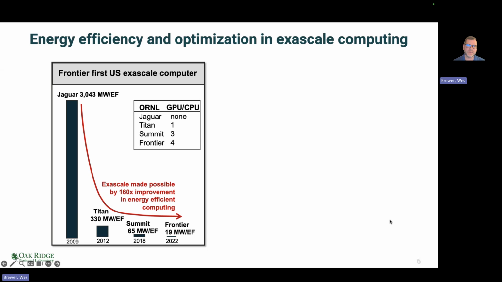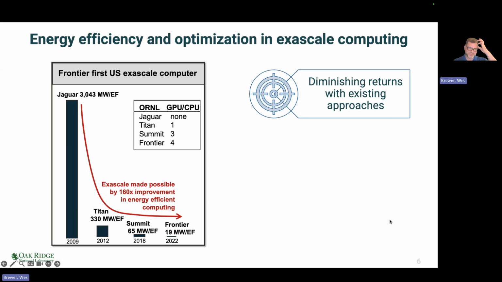If we were to take Jaguar in 2009 and scale that up to be an exascale system, it would have required 3 gigawatts per exaflop. This was drastically reduced by the introduction of GPUs in Titan down to 330 megawatts per exaflop, and then again down to Summit, going from an air-cooled to a liquid-cooled system, down to 65 megawatts per exaflop, and then again down to Frontier, which is about 19 megawatts per exaflop.